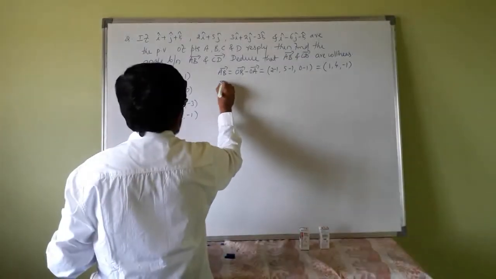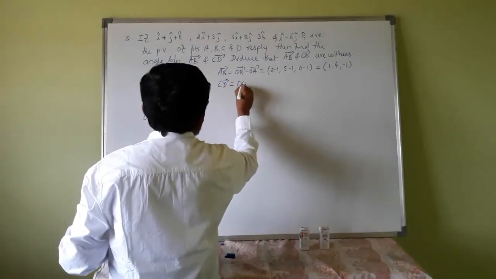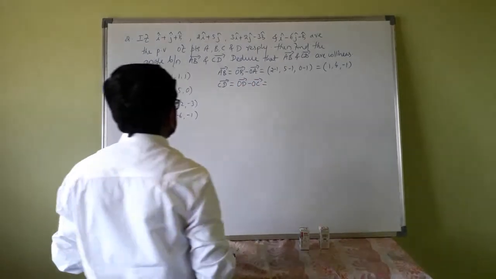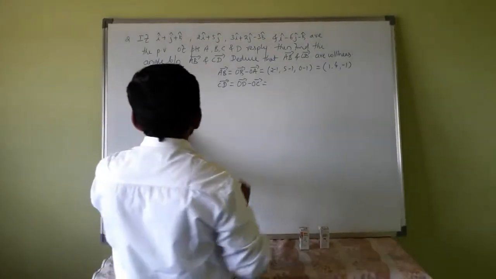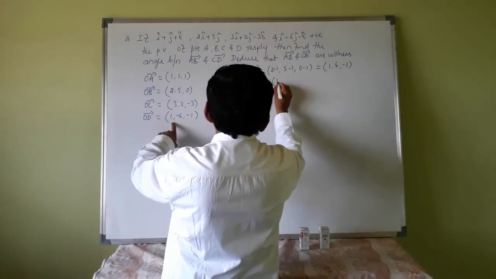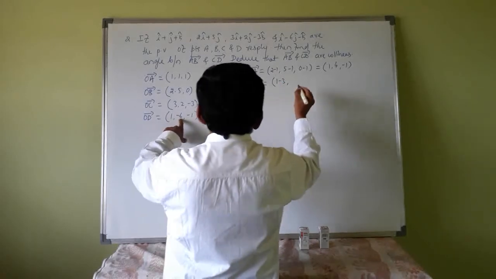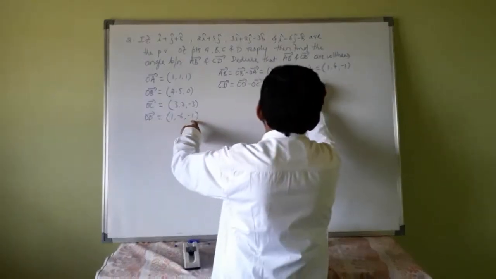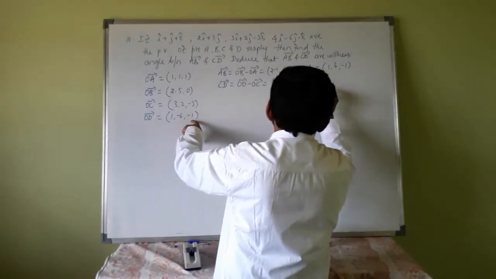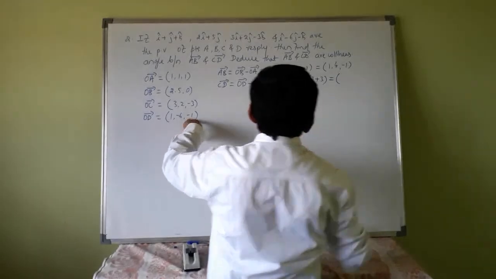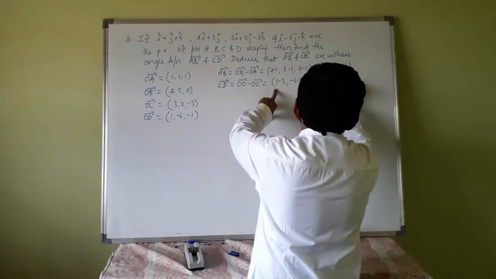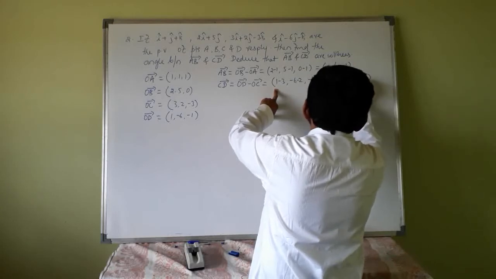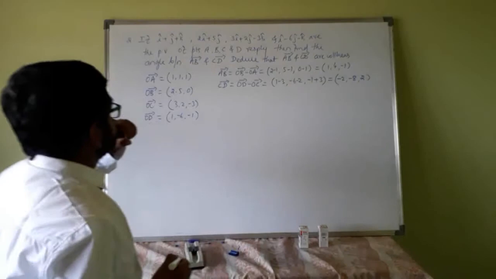CD is OD minus OC, 1 minus 3, minus 6 minus 2, minus 1 plus 3, that is equal to minus 2, minus 8 and 2.